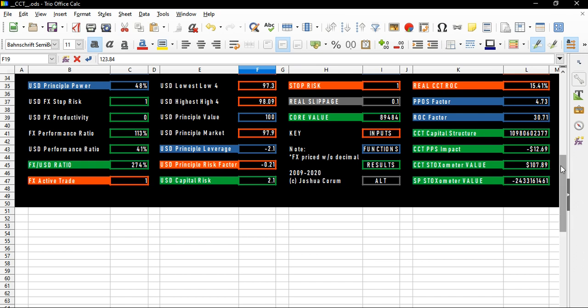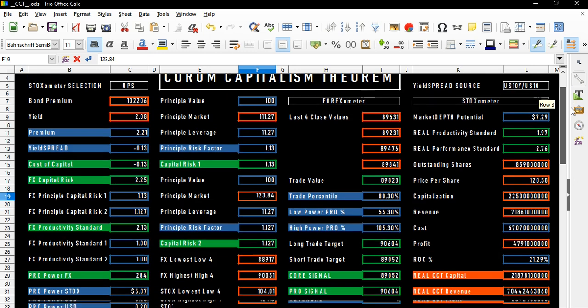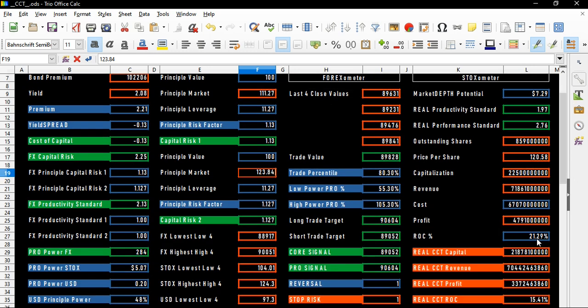Now, is that better than their number at 21.29? Yes. What I'm trying to explain is capital markets work. When markets go up, they work. When they go down, they work. And if the capital structure for UPS is right, the return on capital will be better.